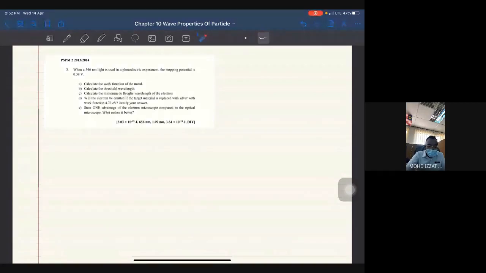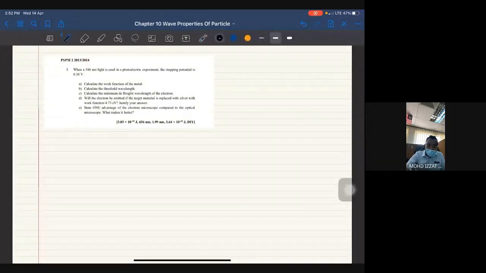Dia memang campurkan. So when the 546 nanometer light is used in photoelectric experiment, the first thing that I ask you guys to do is to draw. Betul tak? Now you have to take out the information.